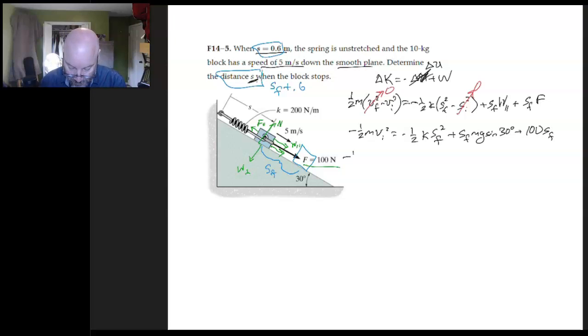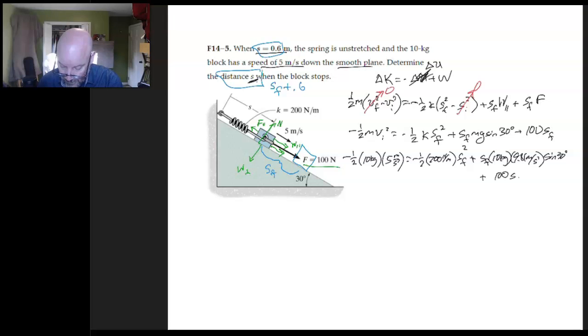Okay. So this becomes minus 1/2, it's a 10 kilogram block, my initial speed is 5. And then we have minus a half times 200 newtons per meter, SF squared, which we don't know, plus SF times 10 kilograms, g, 9.81 meters per second squared, sine of 30 degrees, and then 100 SF.